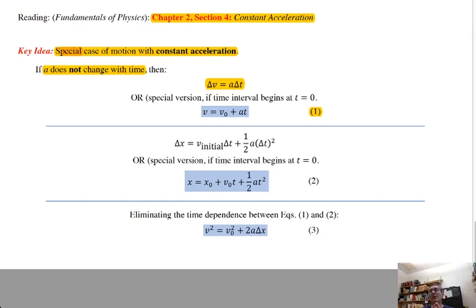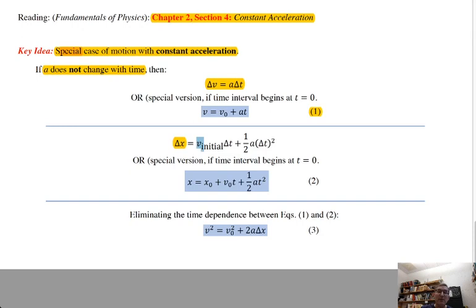The next one is a little bit harder to derive, but your book does it. And I'm just going to tell you the result. Again, only valid if the particle is moving with constant acceleration. Here it is. You want to know how much a particle's position changes for a time interval delta t? You get it this way.